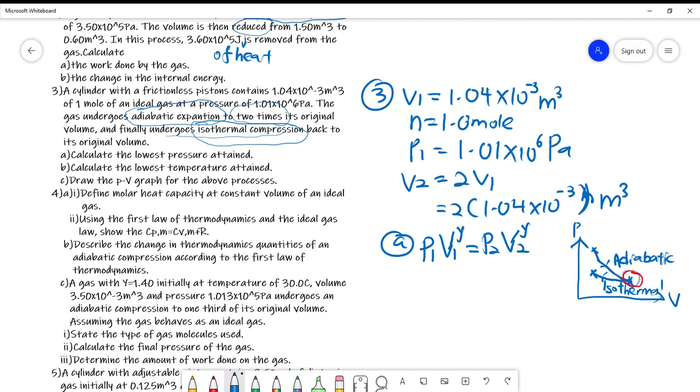If I'm not mistaken, if the question mentions an ideal gas, basically it means a monoatomic gas. So let me check for a moment here.